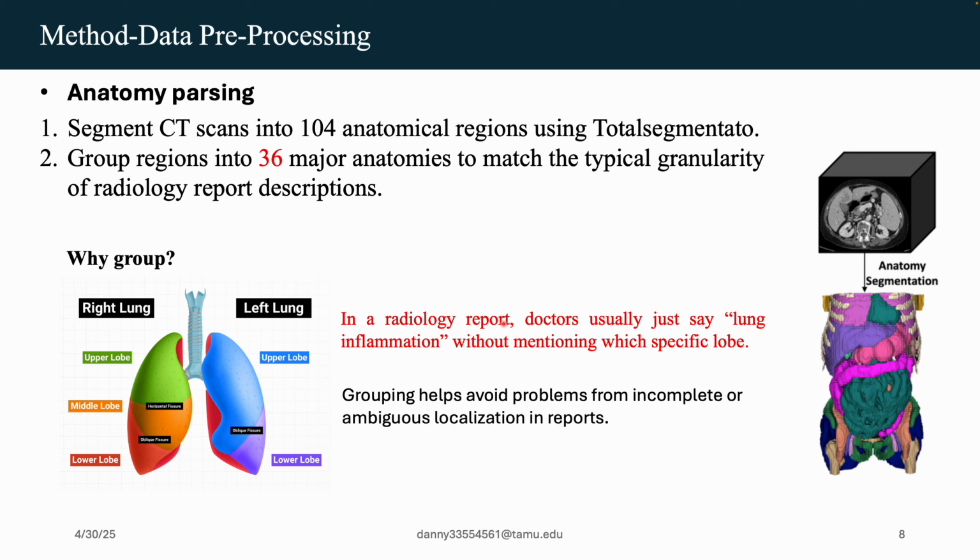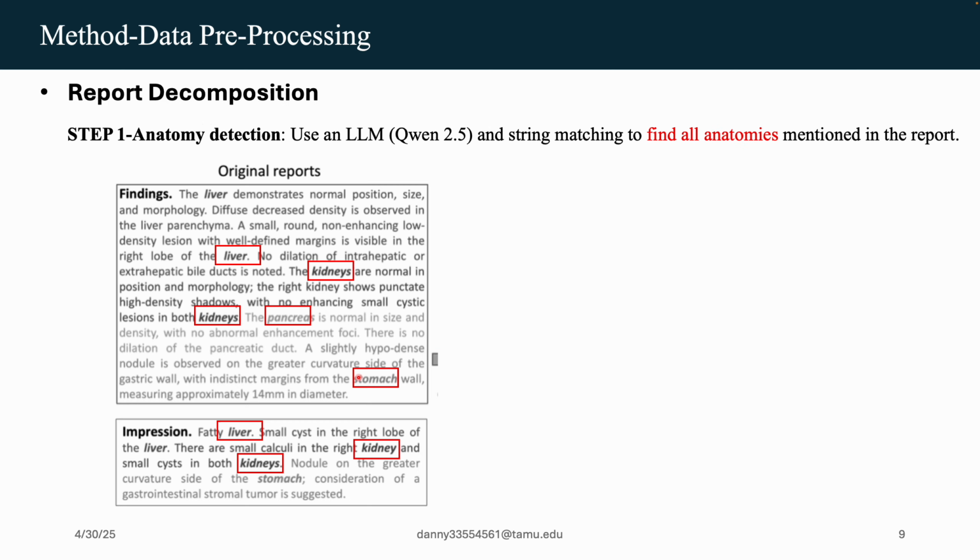However, in the radiology report, doctors usually just say lung inflammation without mentioning which specific regions. So this grouping helps avoid problems from incomplete or ambiguous localization in reports. In other words, it helps maintain balance between detail and consistency.